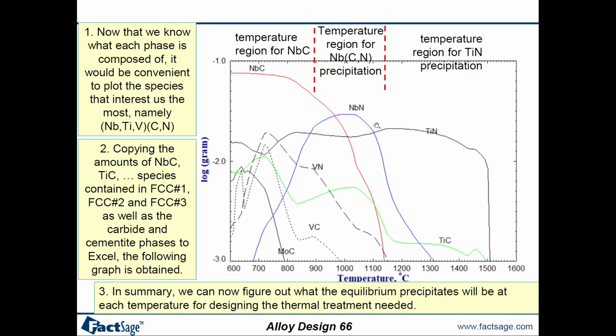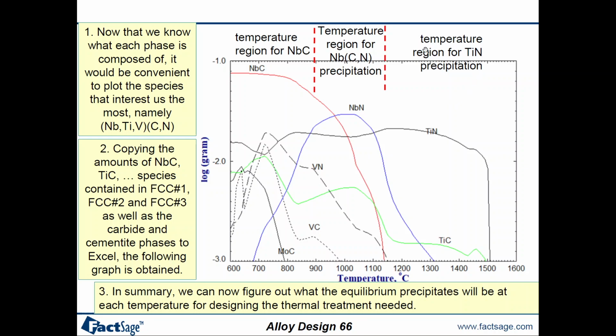If we copy the amounts of niobium carbide, titanium carbide, and the species contained in the FCC#1, #2, and #3 phases, as well as the carbide and cementite phases, into Excel, we can get the following diagrams, which clearly separate the different regions of different types of precipitates.